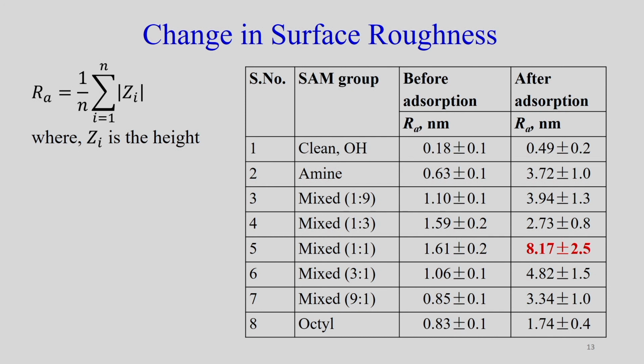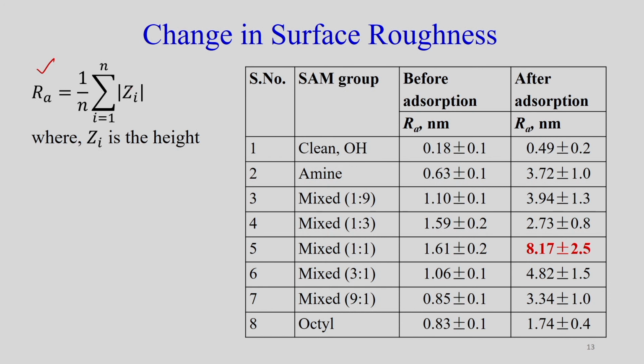So, from the AFM image we can analyze the average height, or you can say the average roughness, which is simply the sum of the height components divided by n, the number of particles considered in that particular area or site of imaging.